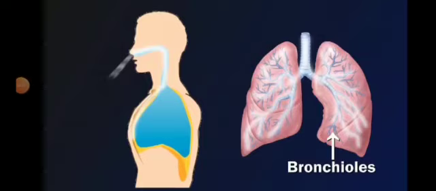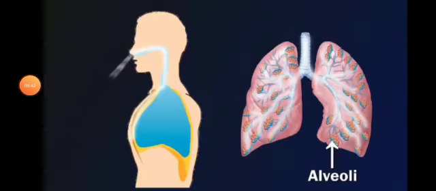Children, here you can see the bronchi get bifurcated into bronchioles. So the air moves through the bronchi to these bronchioles and then moves into the millions of alveoli.